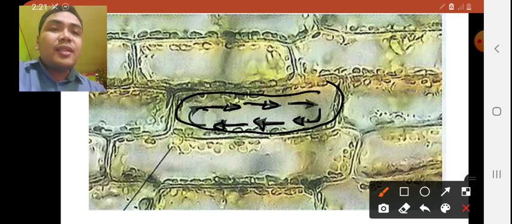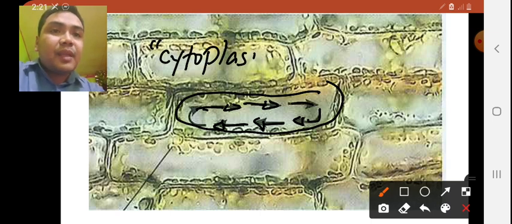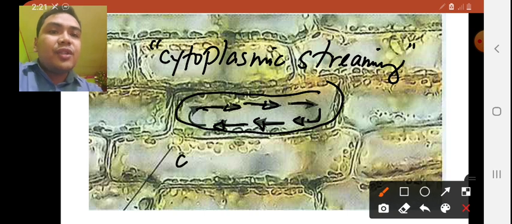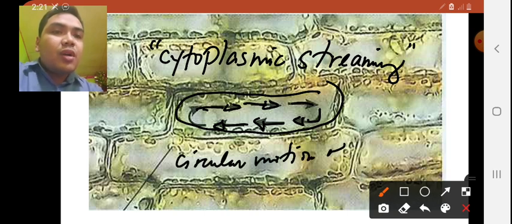Okay? So, the circular pattern of the cytoplasm is known as the cytoplasmic streaming. So, cytoplasmic streaming refers to the circular motion of the cytoplasm.